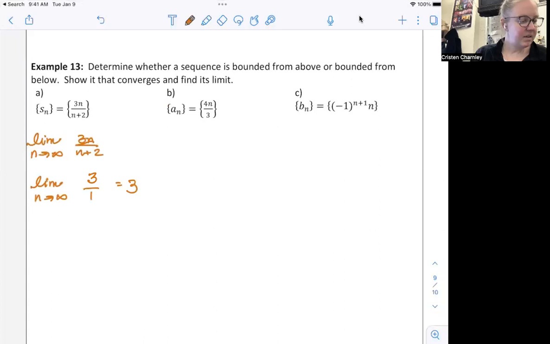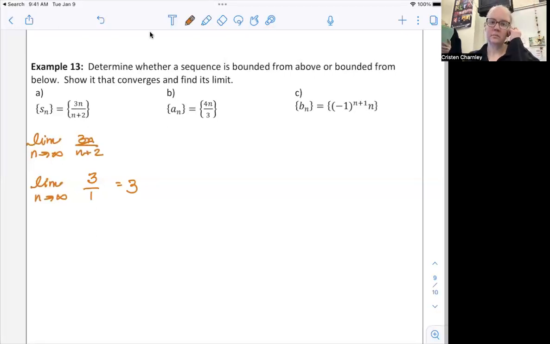So what does that mean for the bounding for us? So as we go to infinity, this goes as high as 3.